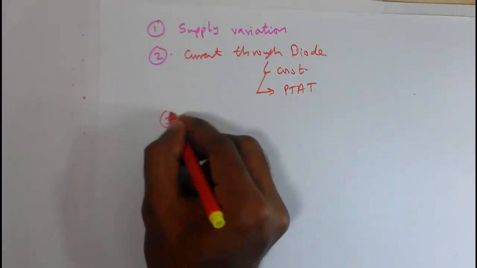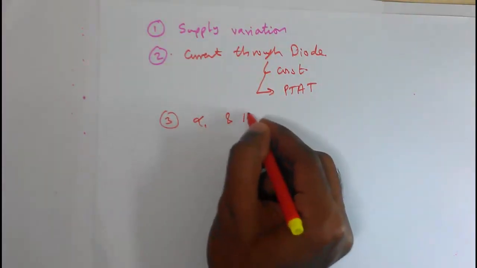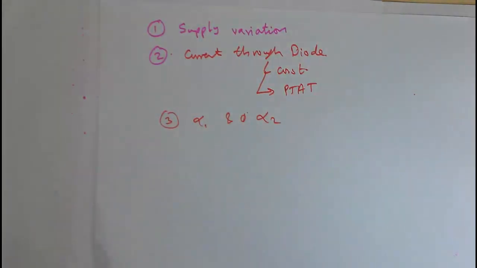And the third one is alpha 1 and alpha 2. We said alpha 1 and alpha 2 are required in our expression so that the PTAT and CTAT get cancelled completely. So we will adjust alpha 1 and alpha 2 to completely cancel the CTAT and PTAT.